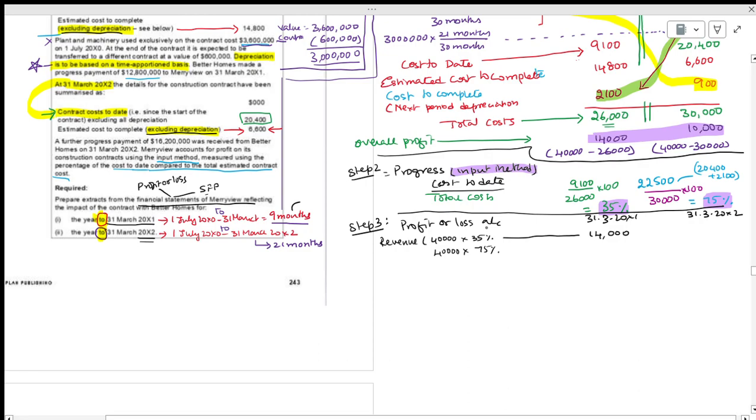If it is 9 months, the completion is 35%. If you take 1st July to 31st March, it is 21 months, and there it is 75%. It is part of that, as simple as that. Fine. Now 75%. It says that it is 14,000. How much are you getting here?